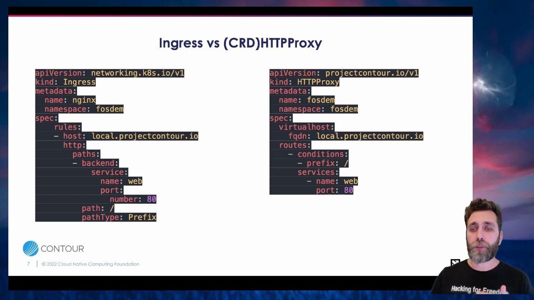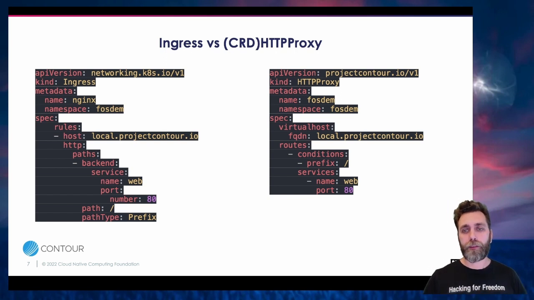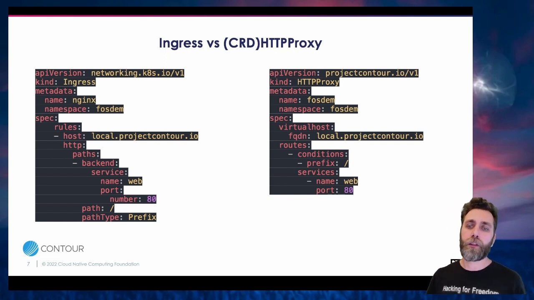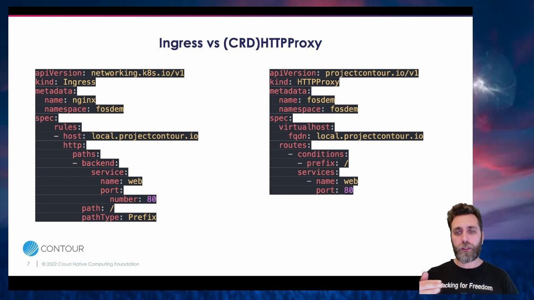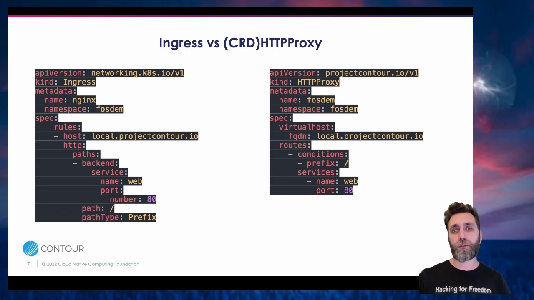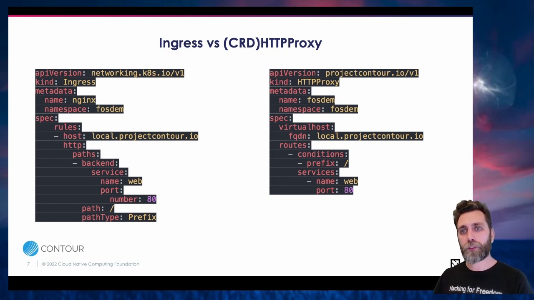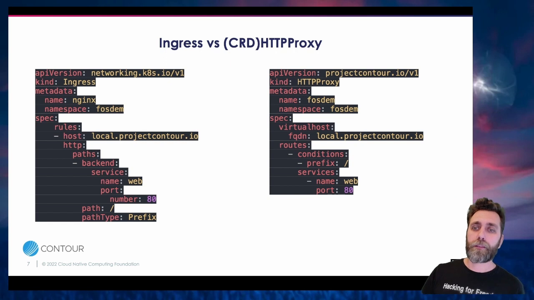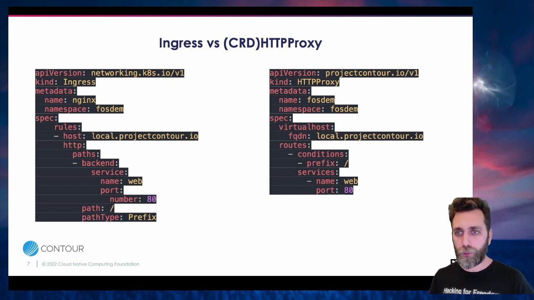So, for example, you specify the virtual host and the FQDN, and when you specify that once, no one else in the cluster can use the same FQDN. In the conditions, you can specify more paths, and you can delegate those paths to other HTTP proxy definitions in the same namespace or across namespaces. And you'll be sure that only those specified in your root HTTP proxy, that we can see right now, can use those paths. So I'm going to demonstrate that in a bit.